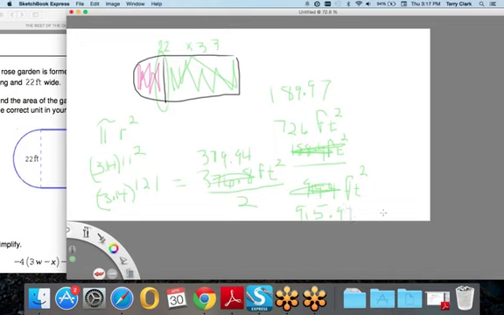Okay, so let's double check this. We've got 22 times 33 equals 726 square feet. We've got 3.14 times 121 equals 379.94. We cut the 379.94 in half. We come up with 189.97.